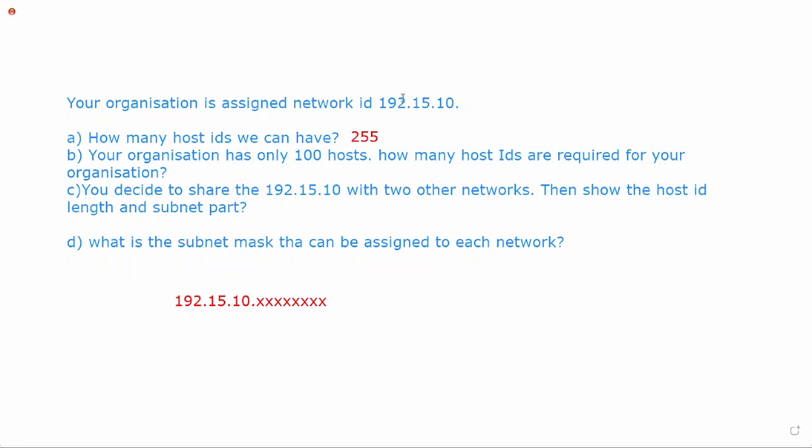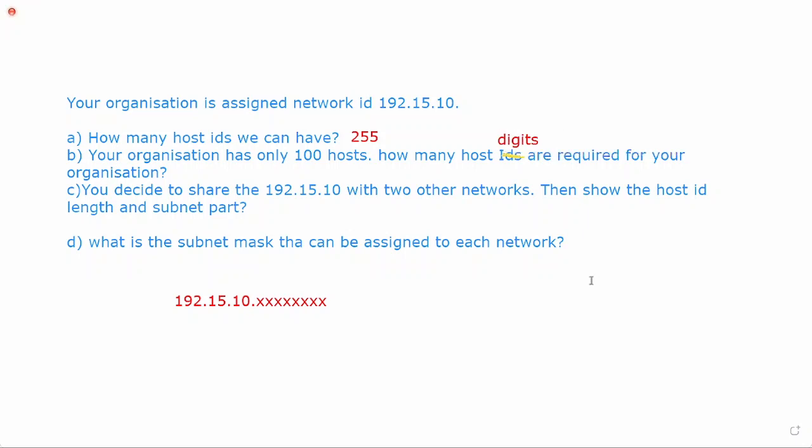Please correct this as: how many host digits are required for your organization?